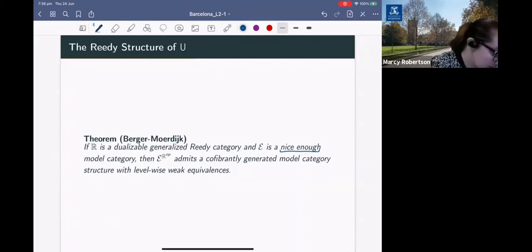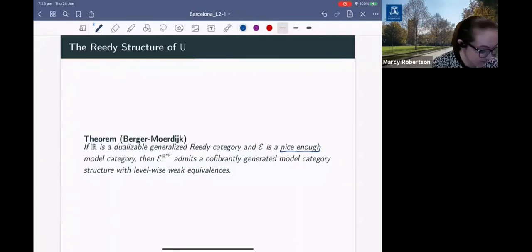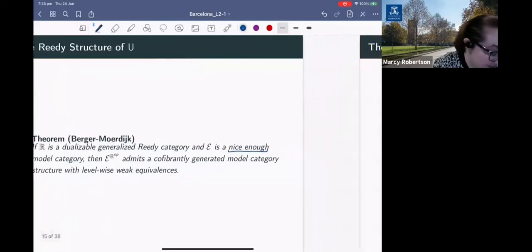So this is a nice diagram category where Reedy fibrant diagrams have nice properties. Homotopy limits tend to be equal to limits. So that's one of them.